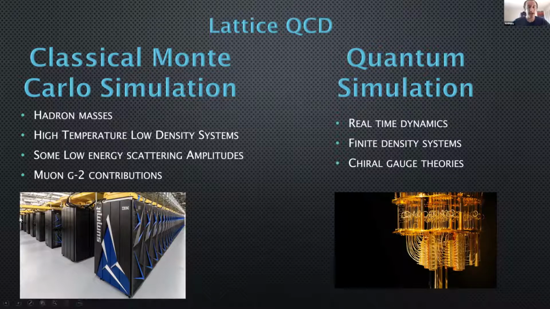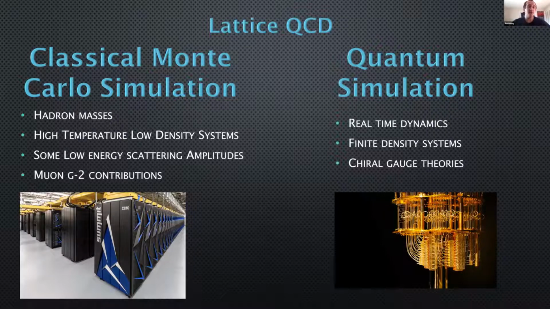It's very good at simulating high temperature and low density systems. You can use it to extract some low energy scattering amplitudes. And it's also used in the theoretical prediction of the value for the muon g-2.